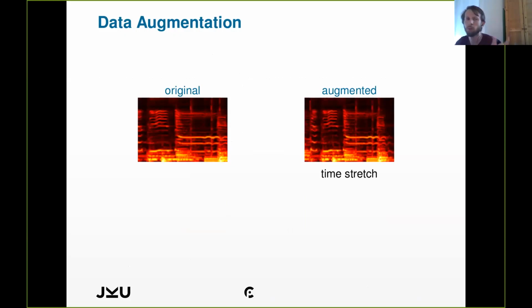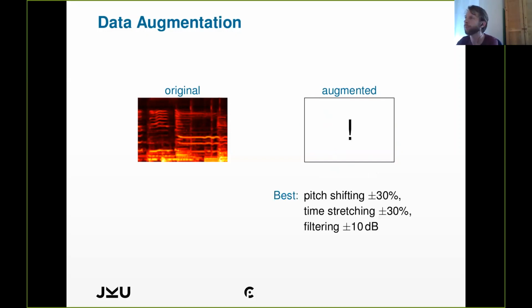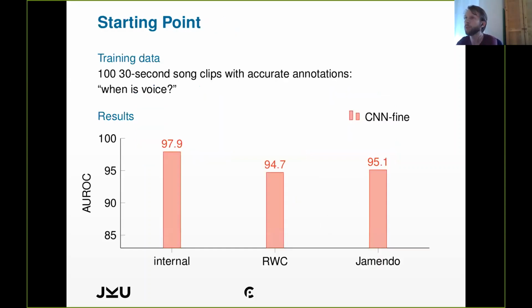I also tried time stretching, same here, stretching the image a bit, changing the overall loudness, like making it quieter or louder, or applying some filters that would remove or quieten some of the frequency bands. Because all these transformations will not make humans change their mind on whether there's singing voice in there or not. And what I found was the best combination was to use pitch shifting, time stretching, and this filtering that I showed in the end. So this was what I used.